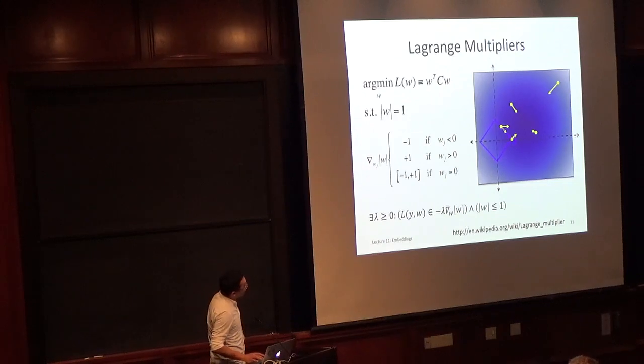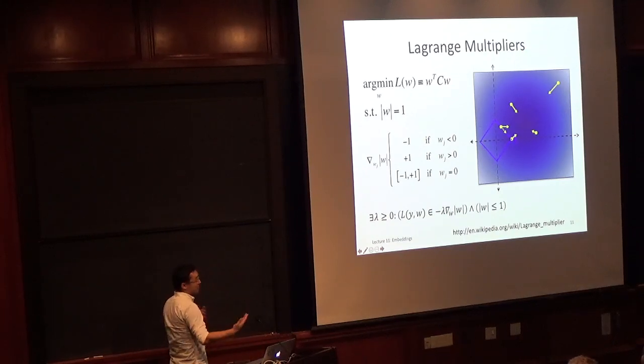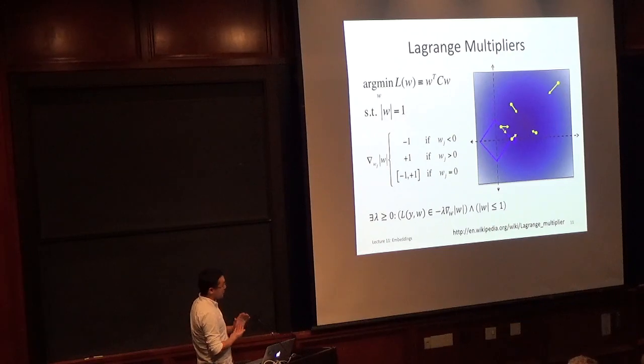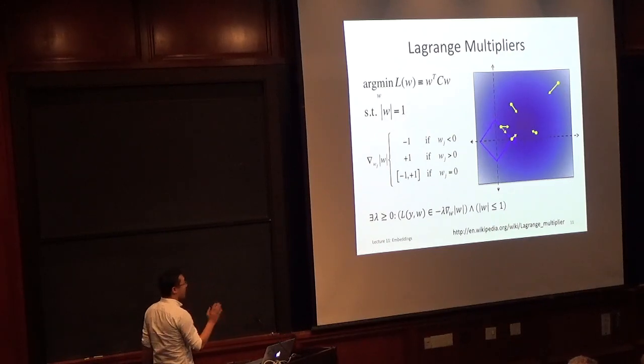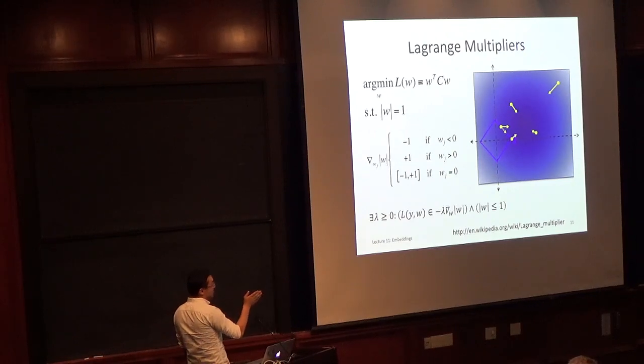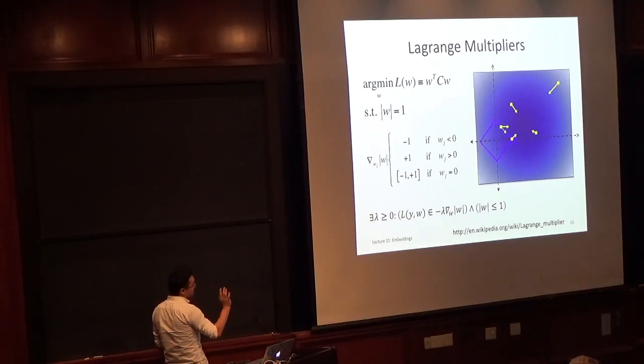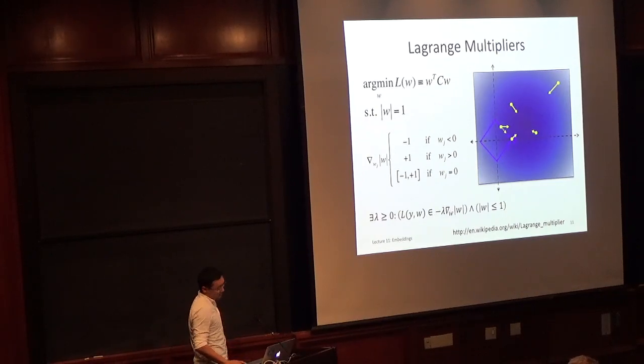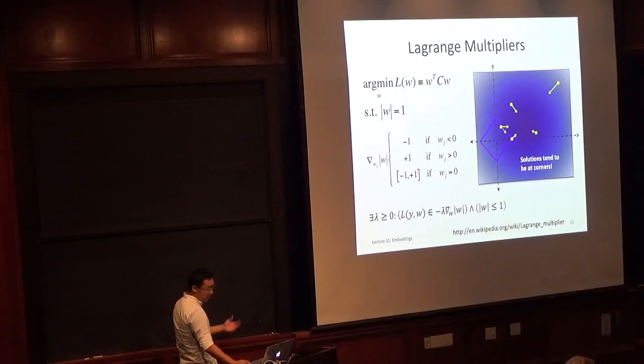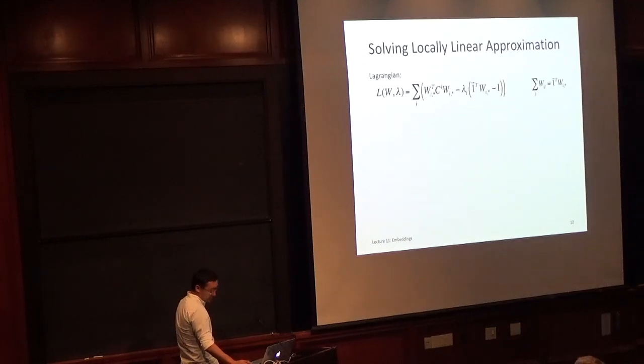We want to find the point where the tangent of the constraint boundary is in the same direction, modulo a multiplicative factor, as the gradient of the loss function. This should be reviewed, at least at a conceptual level. And of course, the solution tends to be in corners.